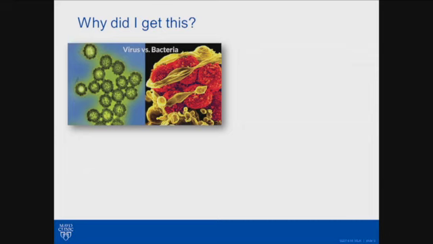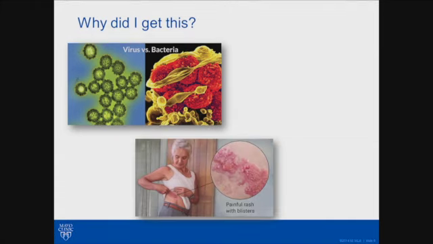Now, it's possible that infections may trigger the disease or may result in a higher risk of people getting the condition. So, for example, in giant cell arteritis, there's been a lot of interest as to whether herpes zoster, or shingles, which you know is caused by the chickenpox virus and causes a painful blistering rash, is the cause of giant cell arteritis.